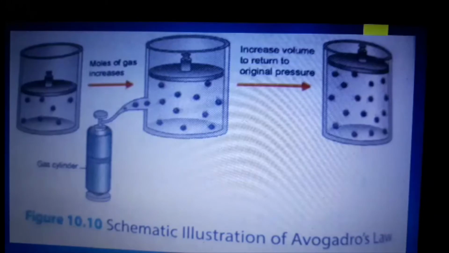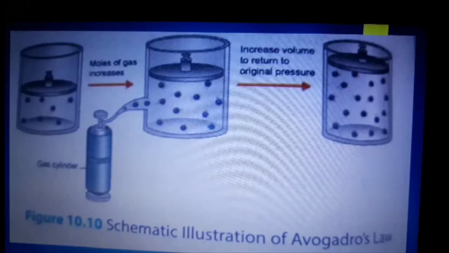Therefore, we can say that in Avogadro's law, the number of moles is directly proportional to its volume, or the volume of the gas is directly proportional to the number of moles. Okay?